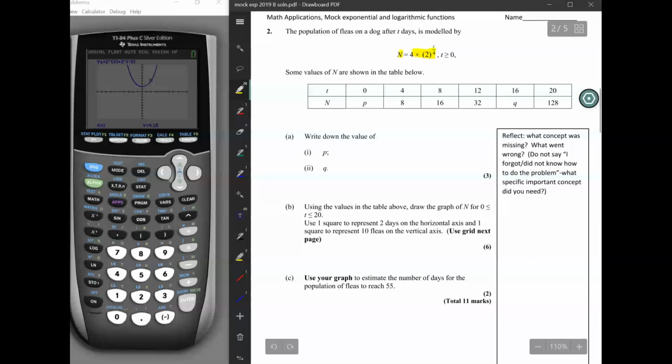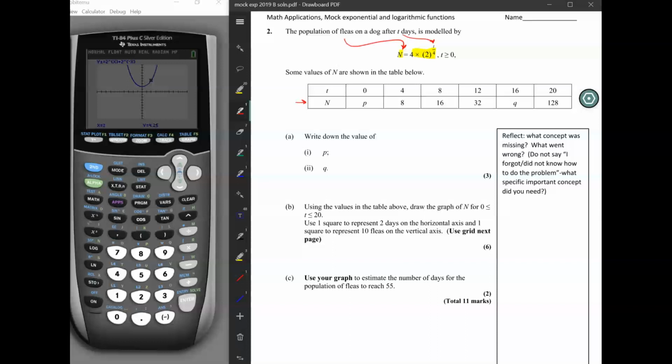So the number of fleas is n, and t is the time or the number of days. Okay, some of the values of n are shown in the table below. You can see in the bottom row, they show 8, 16, 32, and 128 as values of n at certain values of t.